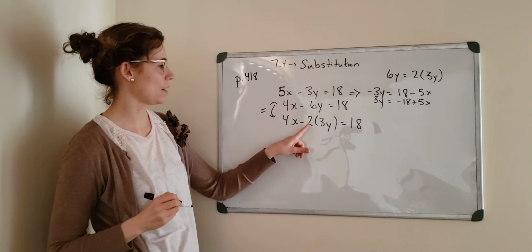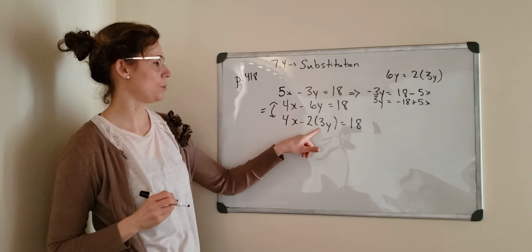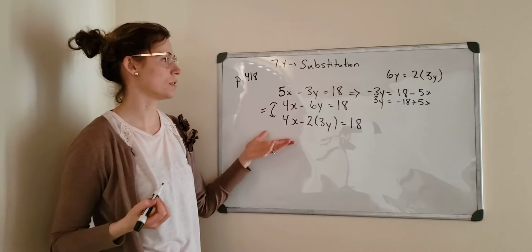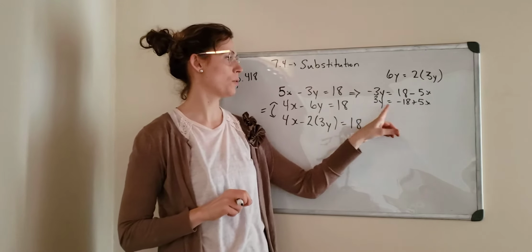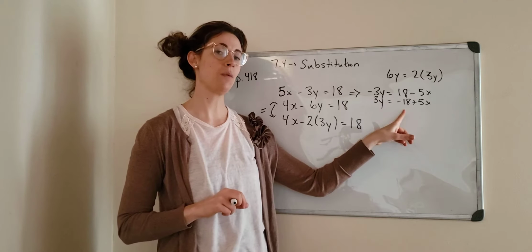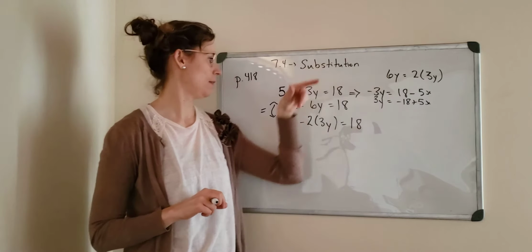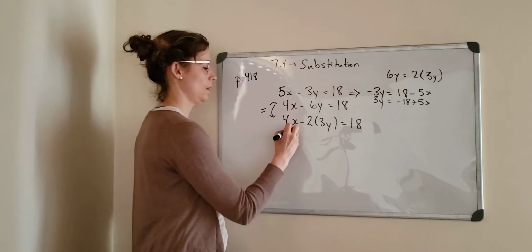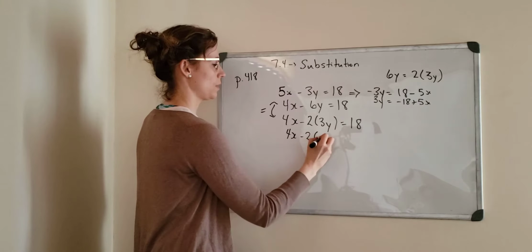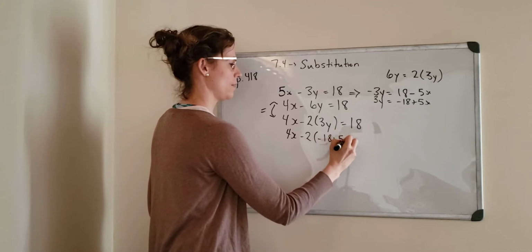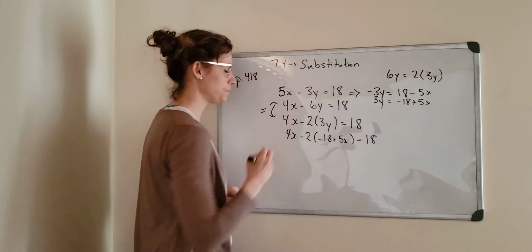All I did is, instead of putting 6y, I put 2 times 3y. Everything else is the same. Now, remember my earlier step, I found that 3y equaled this. So now we can substitute this in here. So 4x minus 2, oh, there's 3y. Let's put this in: 4x minus 2 times negative 18 plus 5x is 18.